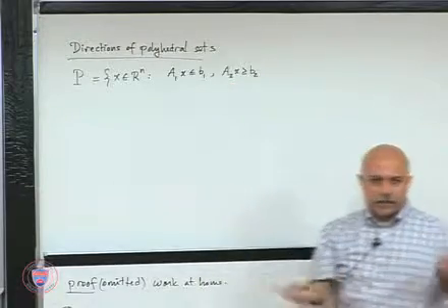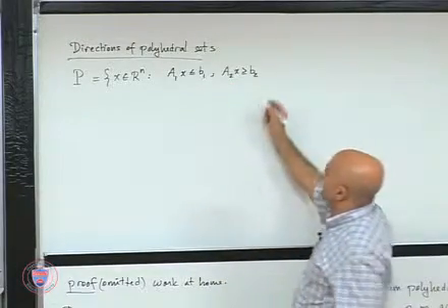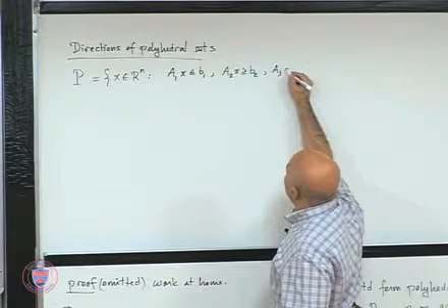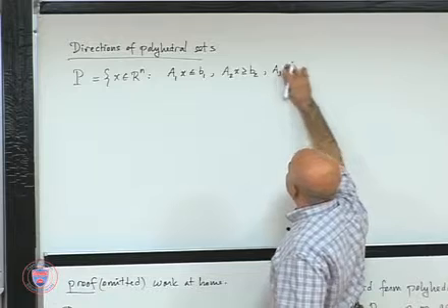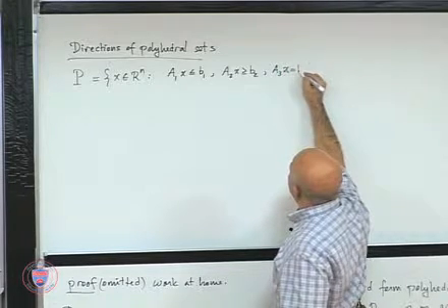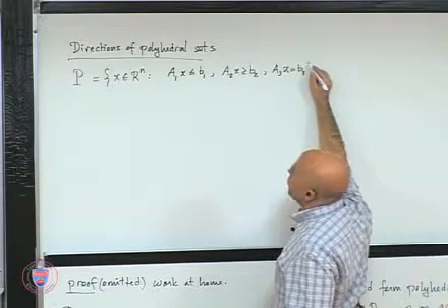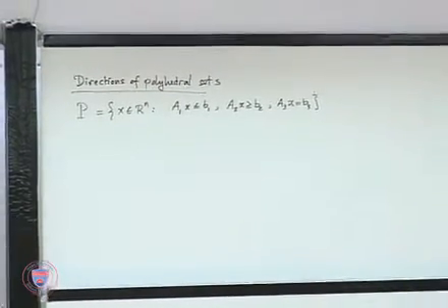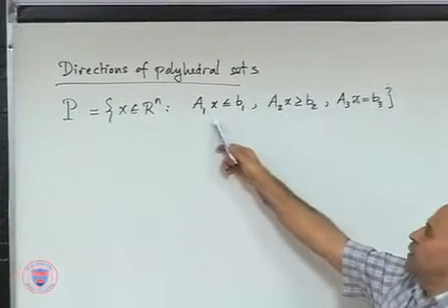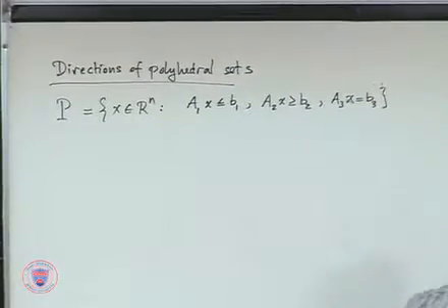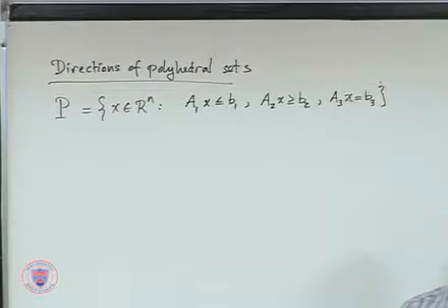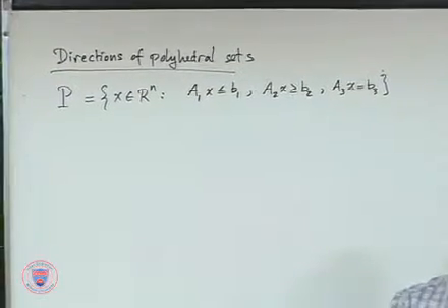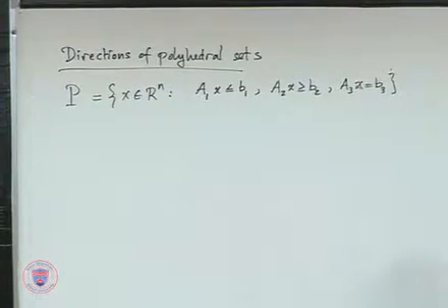These are all vectors of conformable dimensions, okay? And you've got also A3 x equals B3 for some A3 and B3. At least one of A1, A2, or A3 is non-vacuous, but some of these matrices could be vacuous, or they may not be, okay?